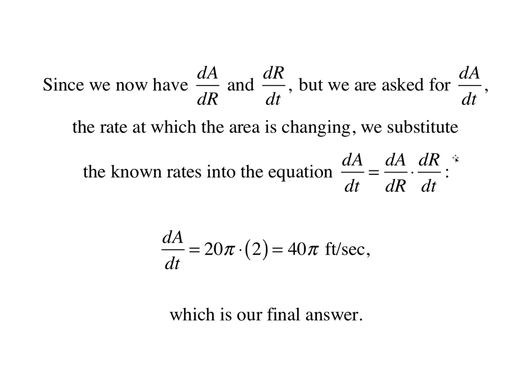The dr's cancel, and that gives us the dA/dt. So 20 pi is the dA/dr, and we were given dr/dt is 2, so that's 20 times pi times 2, and again, like I said, we put the 2 out front, and so that's 2 times 20 is 40, so this is 40 pi feet per second. That's the final answer.